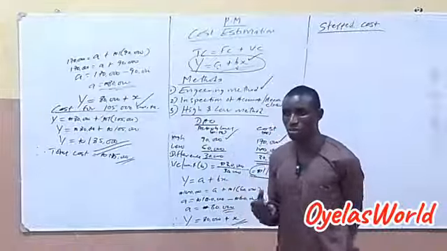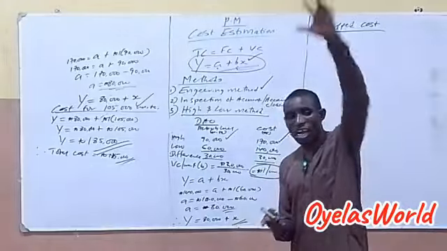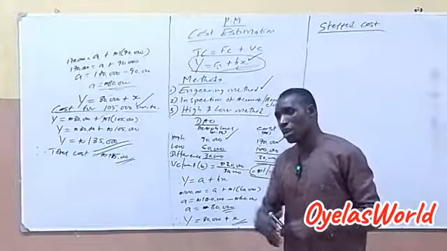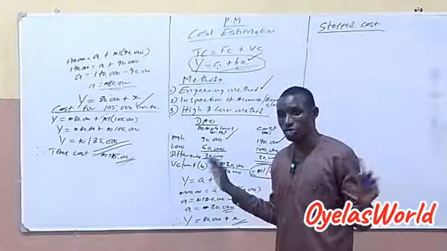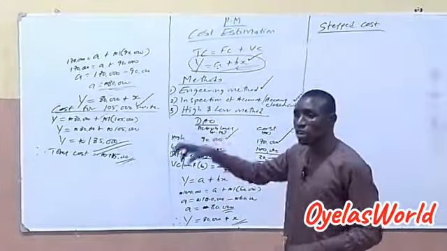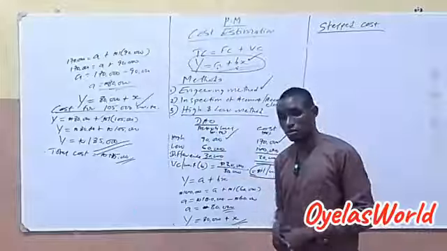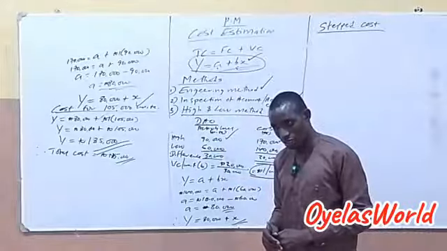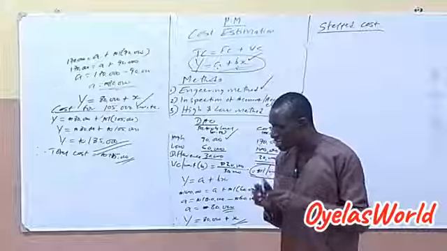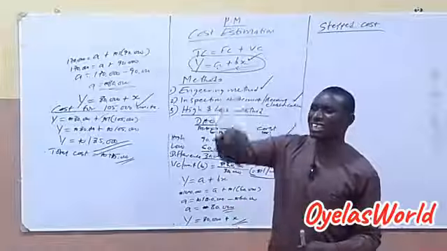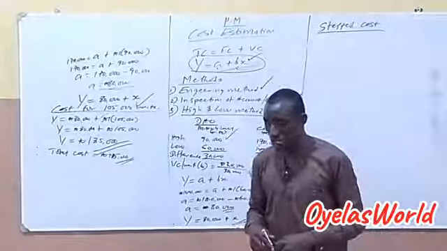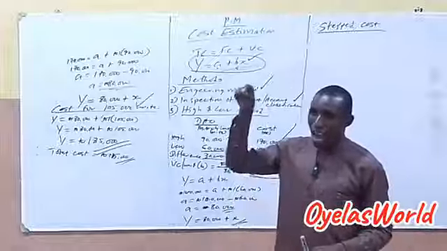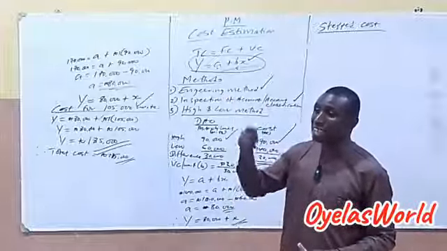We said identify the high level of activity, identify the low level of activity, then choose their corresponding cost. Definitely, if there is a step cost, one of the activity levels will contain that step cost.